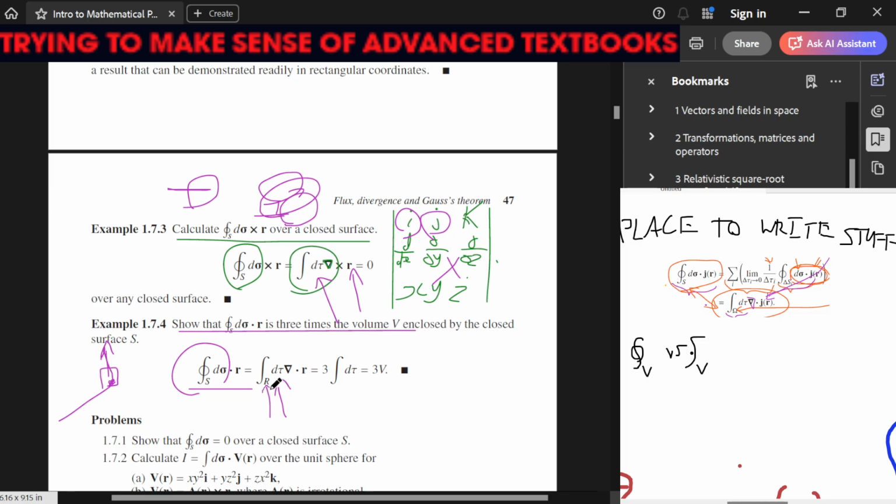What does this r stand for? Enclosed by the surface S. Why is this an r? Region? Maybe.